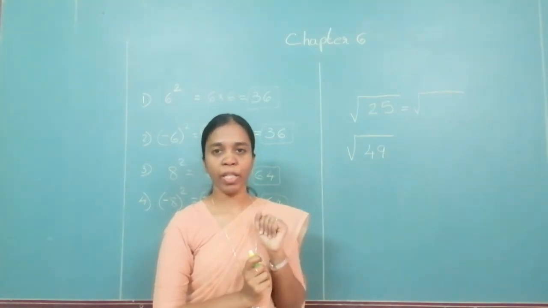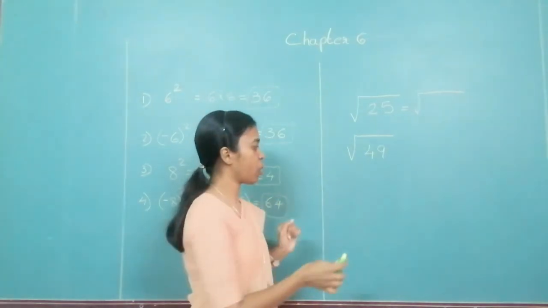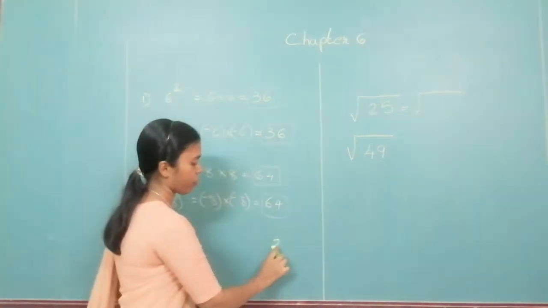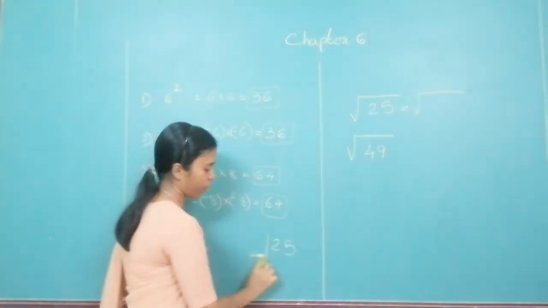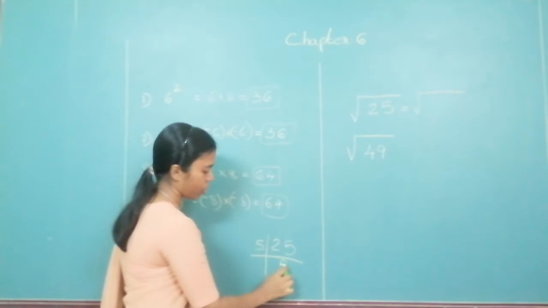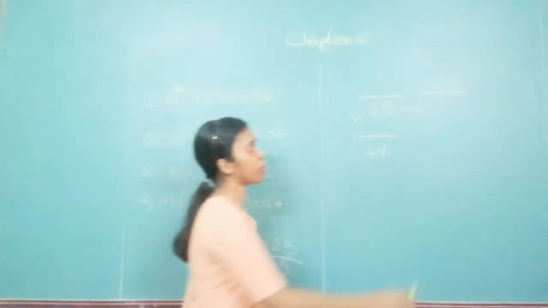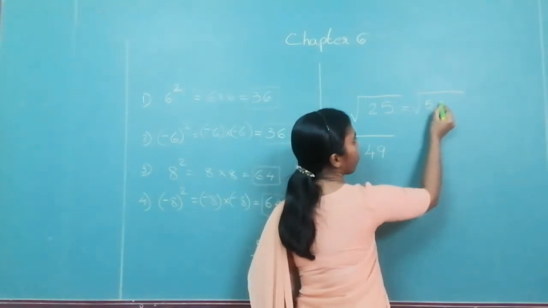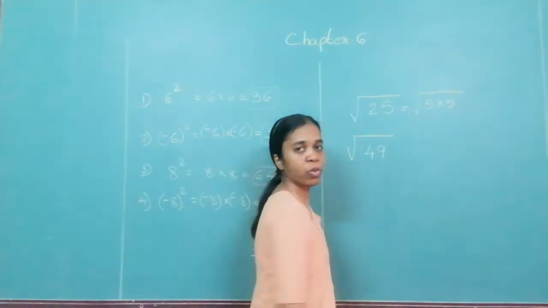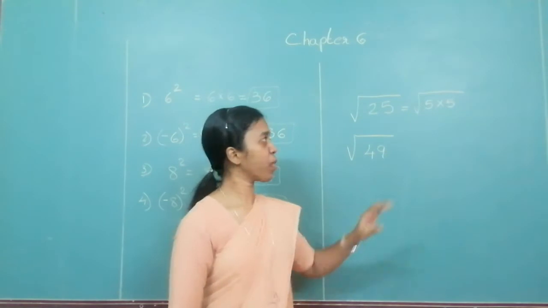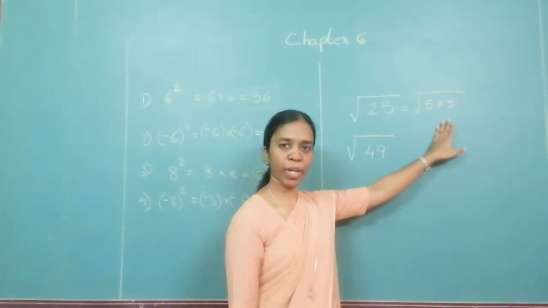Which are the prime factors of 25? 5 5s are 25. So the prime factors of 25 are 5 into 5.